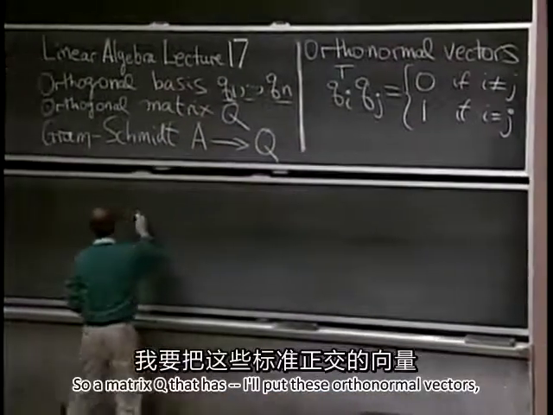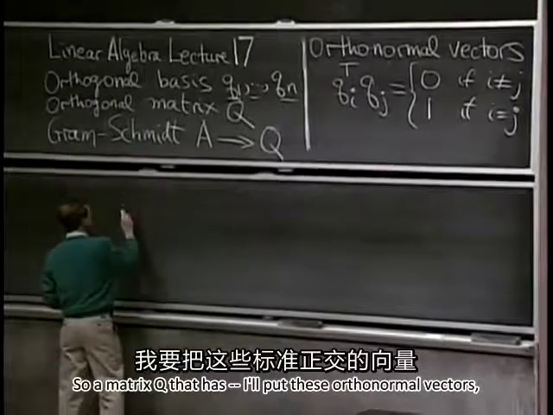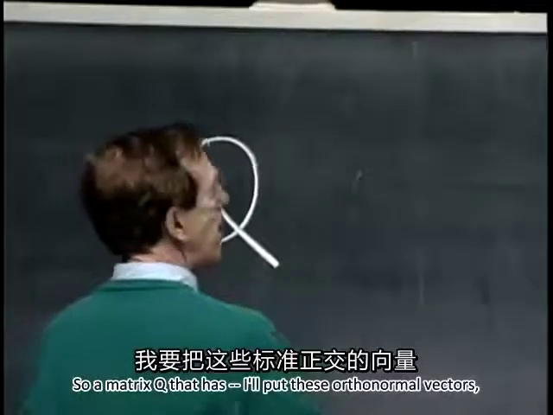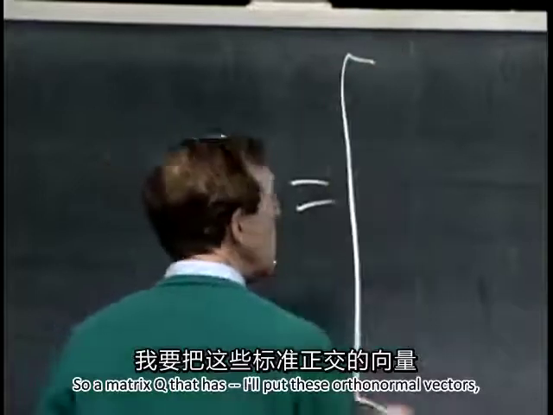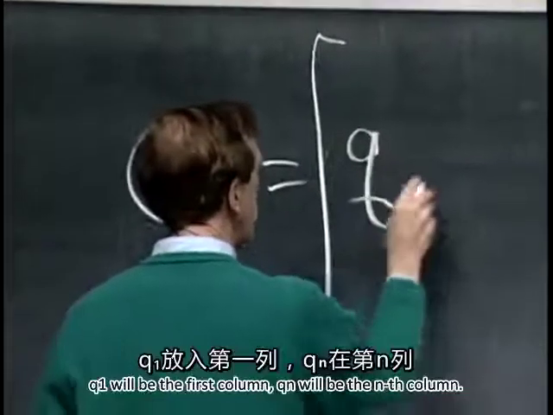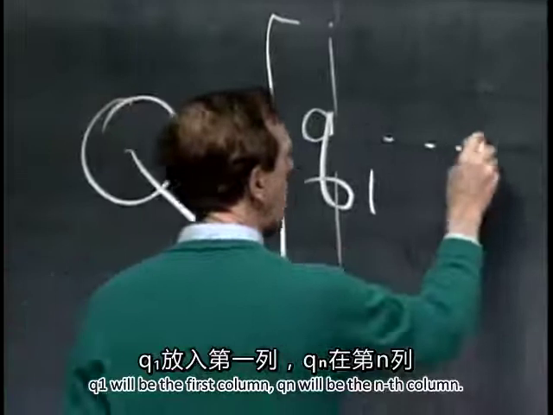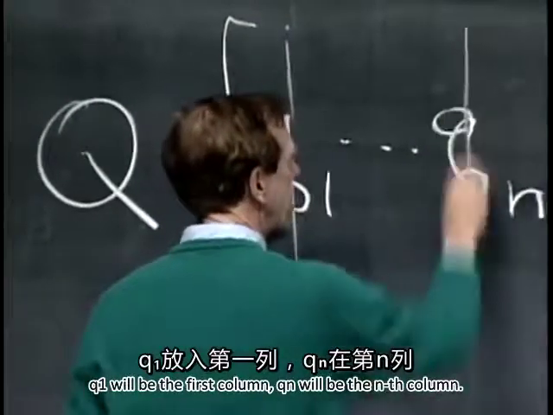So a matrix Q that has these orthonormal vectors. Q1 will be the first column. Qn will be the nth column.